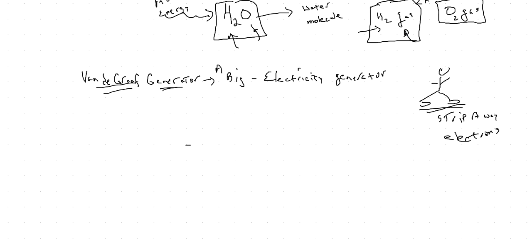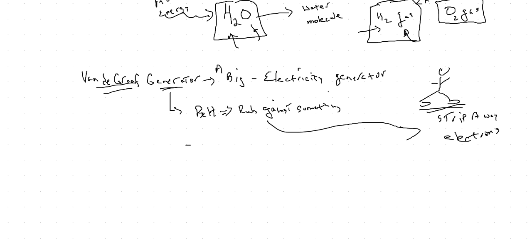A Van de Graaff generator has a huge belt, and it's going to rub against something. It doesn't matter what it is. Just like with you walking across the carpet, we're going to strip away electrons.